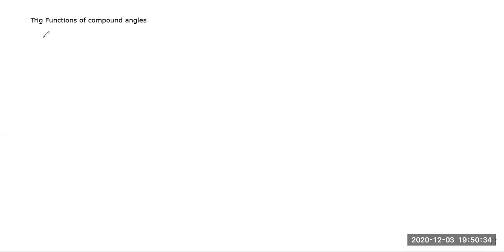For example, let's say A, B, C are three angles. So A plus or minus B, A plus B plus C, or you can say A minus B plus C, etc. All these kinds of combinations are known as compound angles.